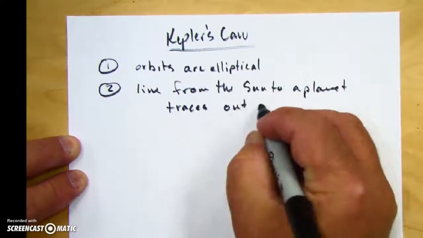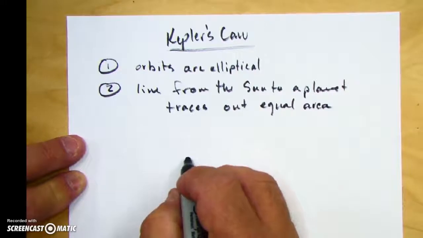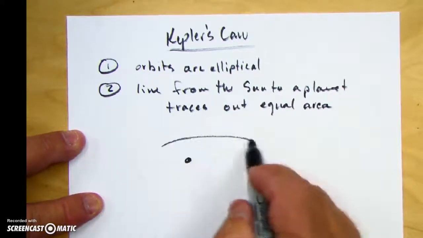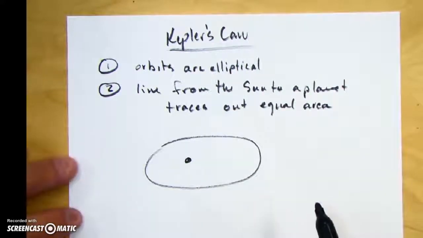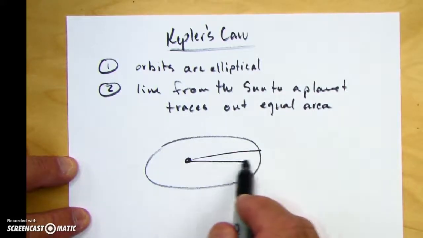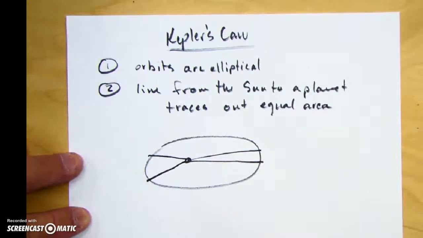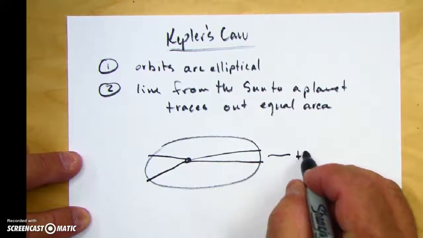That's easier to see from a picture. If I have this, that's my sun, that's my planet, and the orbit is elliptical. What it's going to say is that this area is going to be the same as that area, in the same time.